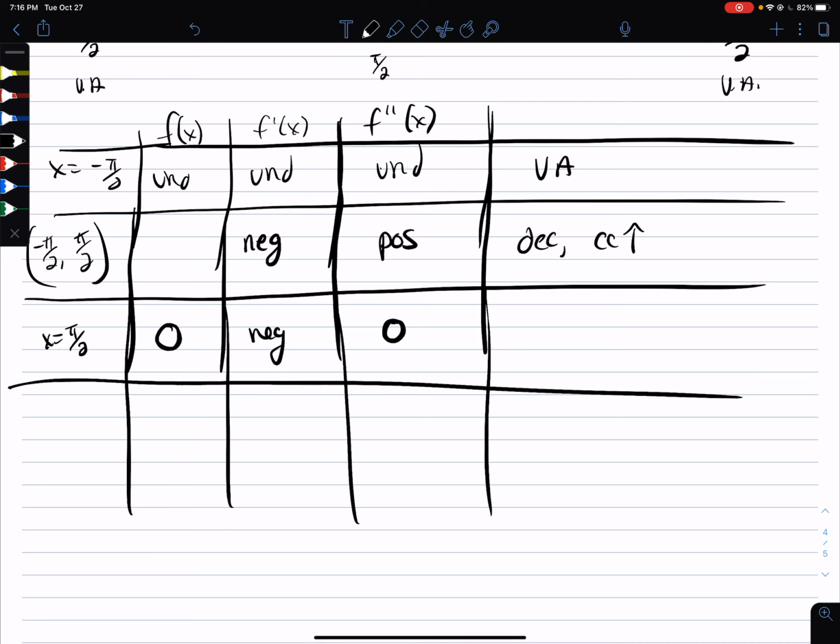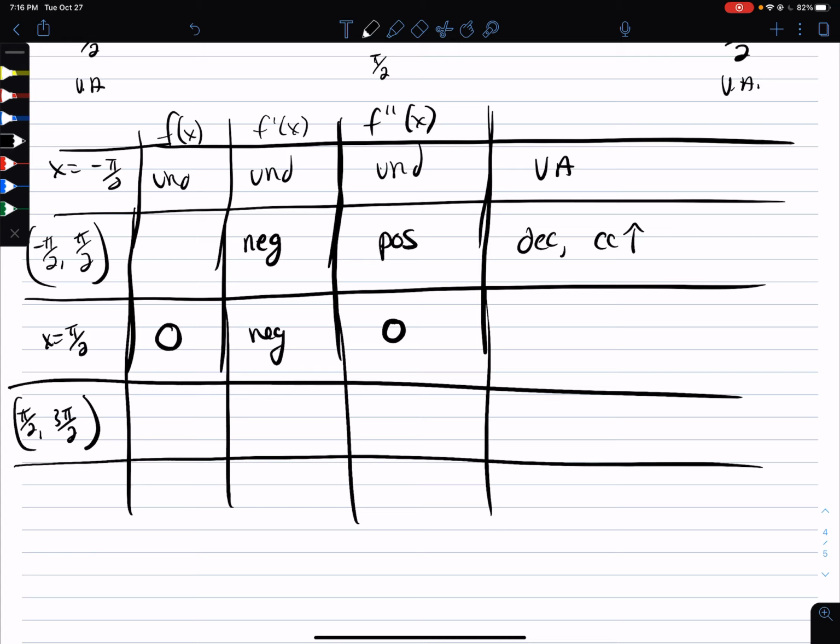So then we have our final interval of pi over 2 to that last point on the number line, 3 pi over 2. On this interval, when you evaluate your first derivative, no matter what value you're choosing, maybe pi or something, I think we get a negative first derivative. So double check that. And then our second derivative would also be negative. So here we should see that it's decreasing and it's concave down.